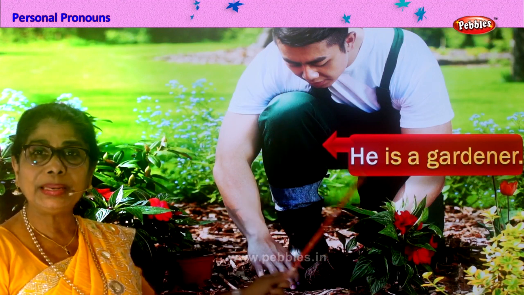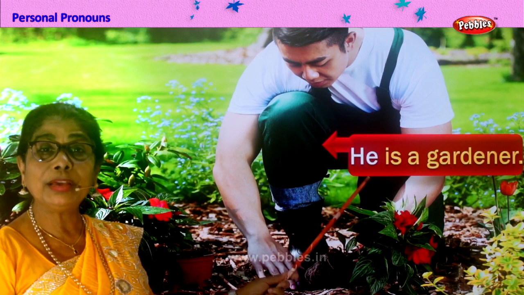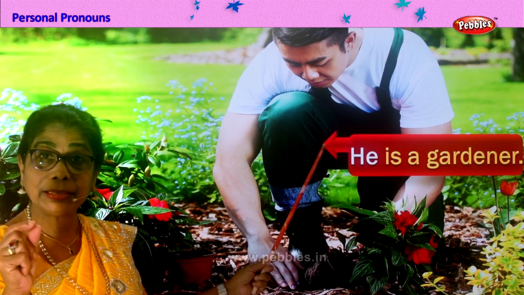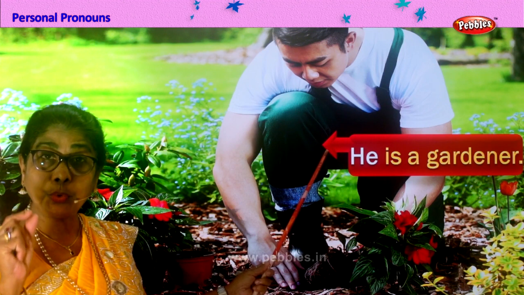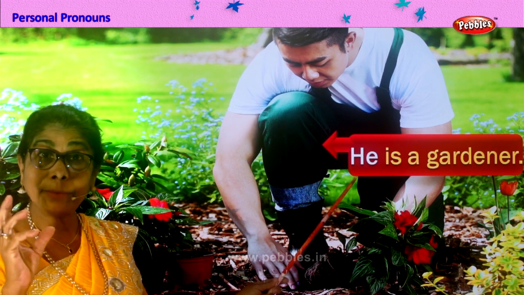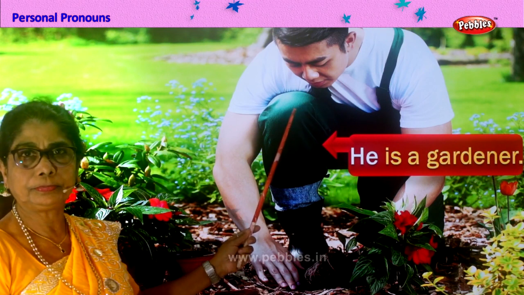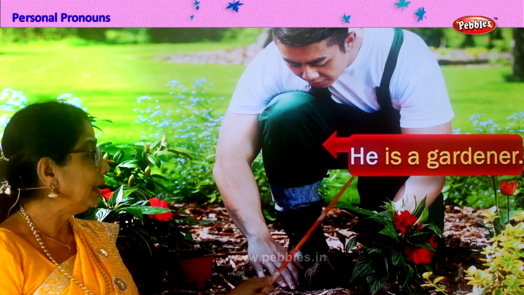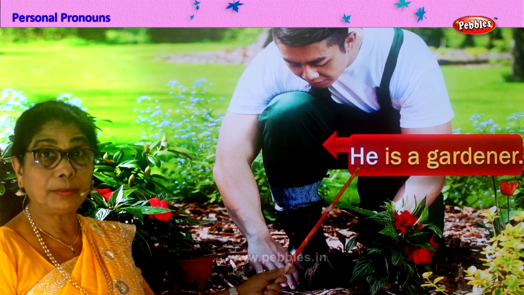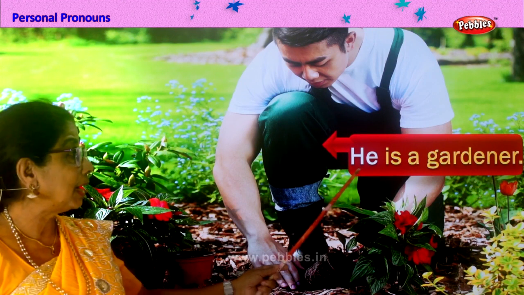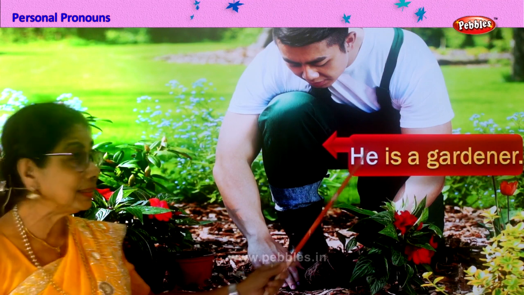Instead of putting Peter is a gardener, Peter is the particular person, we have used the pronoun he, personal pronoun. We are talking about Peter. So, he is a special personal pronoun. So, it's colored white for you to understand.